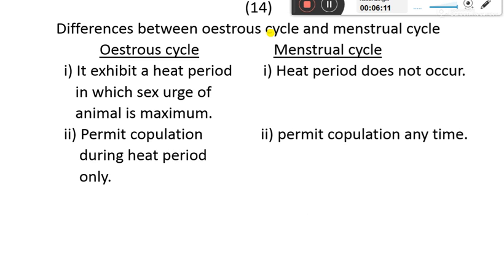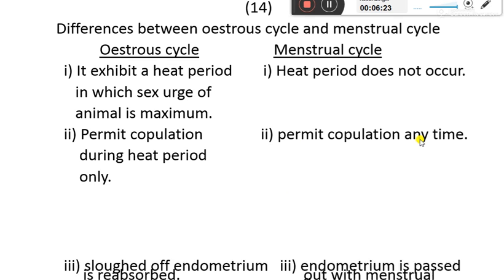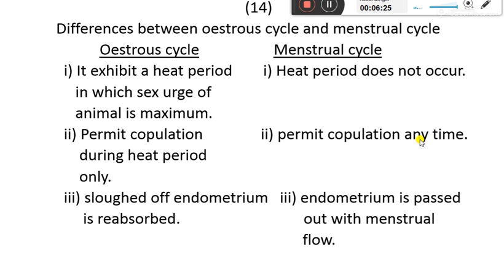The second difference is that the oestrus cycle permits copulation during the heat period only, while in the menstrual cycle, copulation is permitted at any time. Third, the slough of the endometrium is reabsorbed. When fertilization does not take place, the endometrial lining is lost.